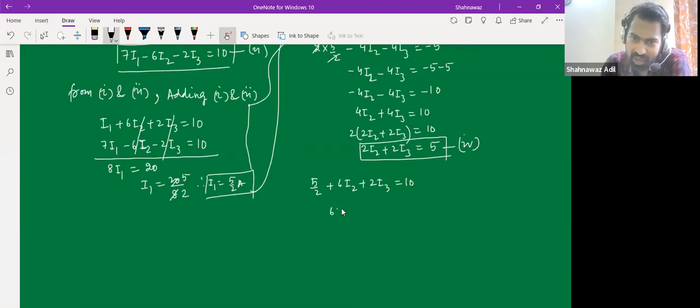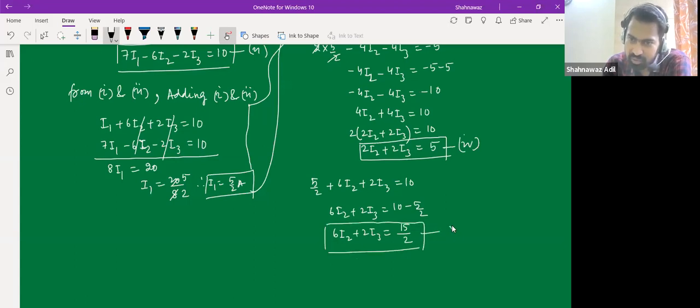So 6I2 plus 2I3 and 10 minus 5 by 2. So 6I2 plus 2I3, and this is 20 minus 5, so 15 by 2. This is my fifth equation. Okay, I have fourth equation and fifth equation.